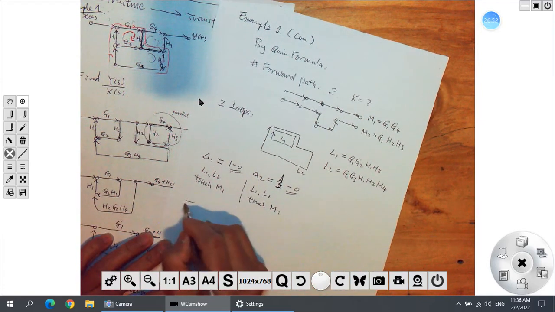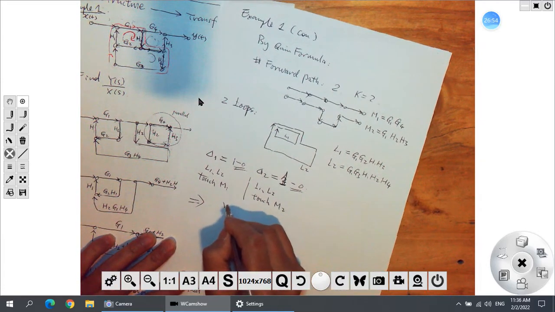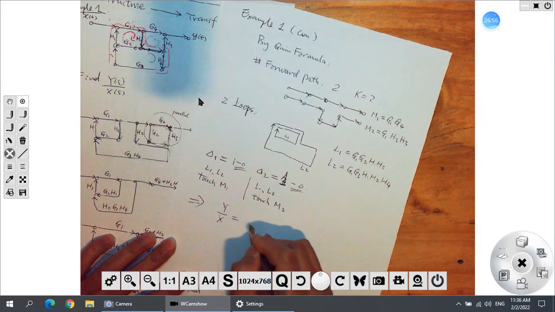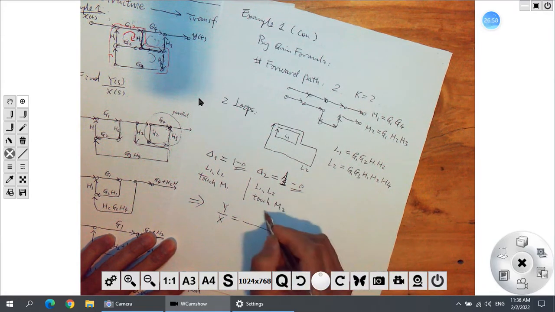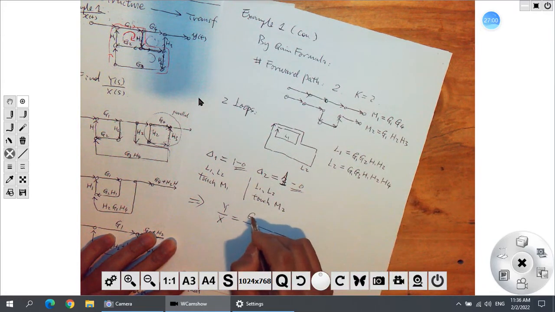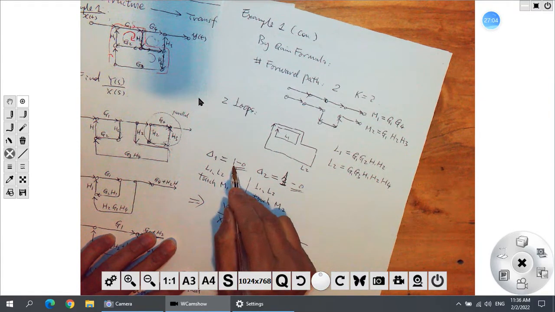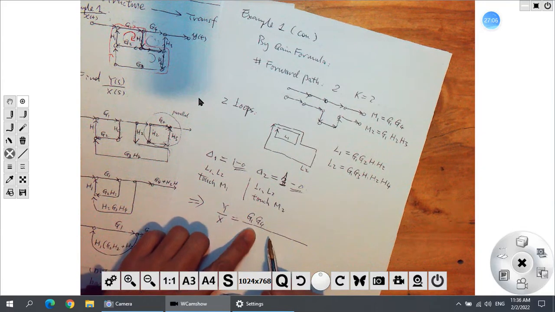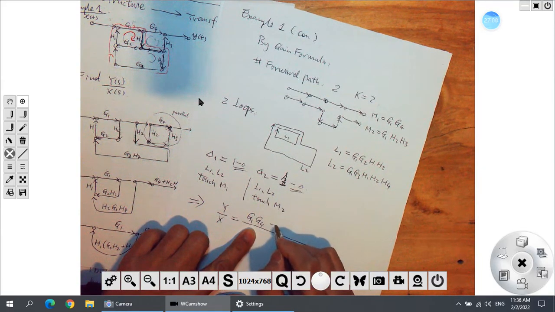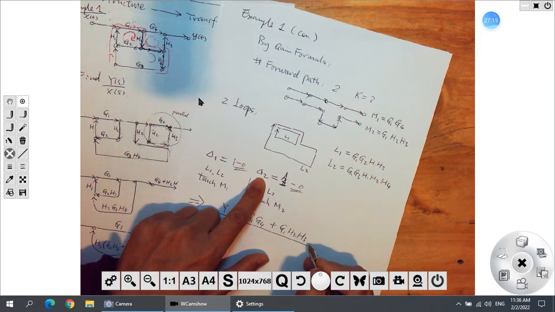Alright, now we have the transfer function. Y over X equals the first forward path, G1, G4 times delta 1, which is 1, so it is just G1 times G4. And the second path is G1, H2, H3 times delta 2, which is also 1.